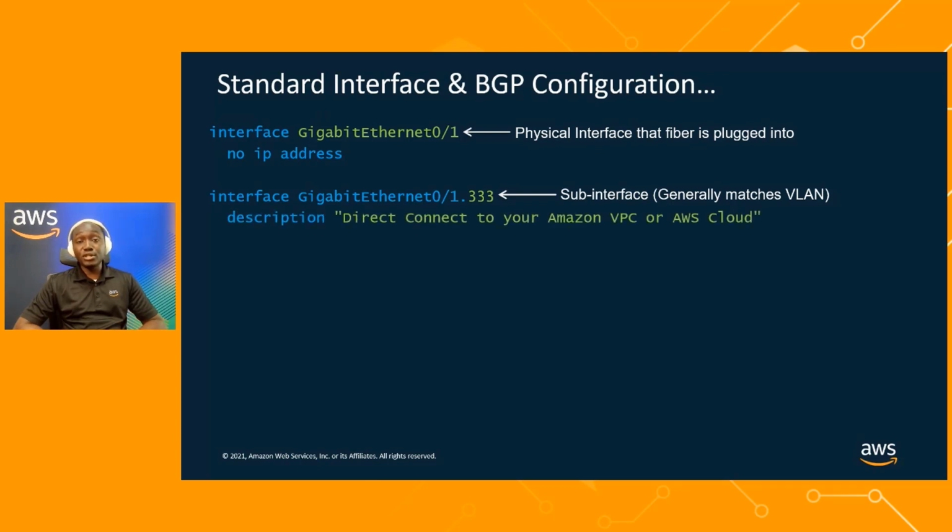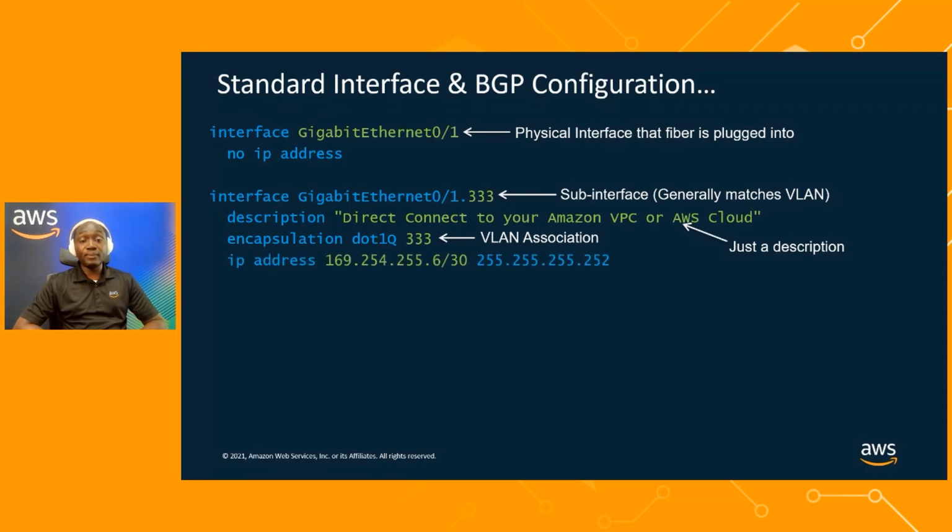Then you give it a description, like I have given here. Then you give it the VLAN tagging and association, where you can see I selected 333 as my VLAN ID. The next thing is to have your /30 BGP peering IP address. Once you have that, you're ready to configure BGP.